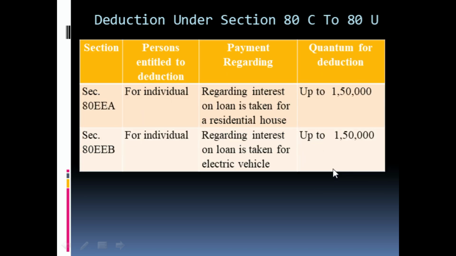Next, section 80EEA. The person applicable for this deduction is an individual. Here the payment is regarding interest on loan taken for a residential house, and the quantum of deduction is up to rupees 1,50,000. Next, section 80EEB for individuals. Here the payment is regarding interest on loan taken for purchasing an electric vehicle. So the quantum of deduction is up to rupees 1,50,000.